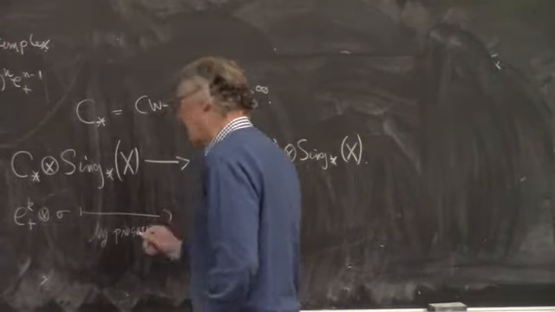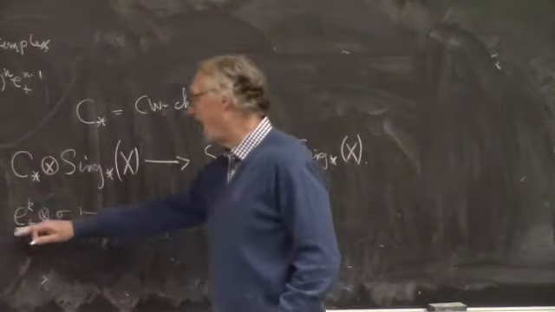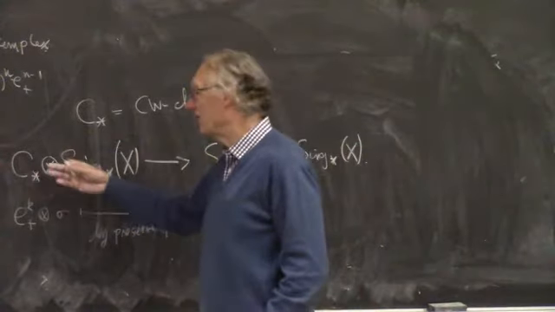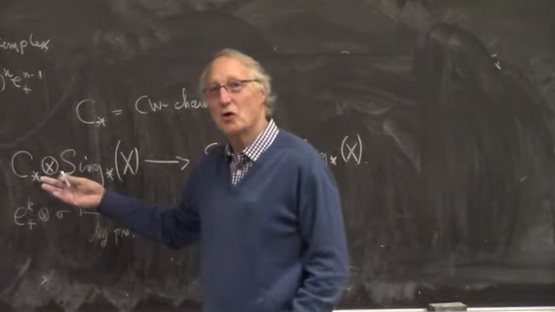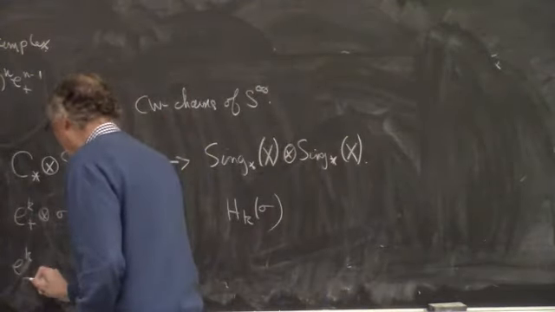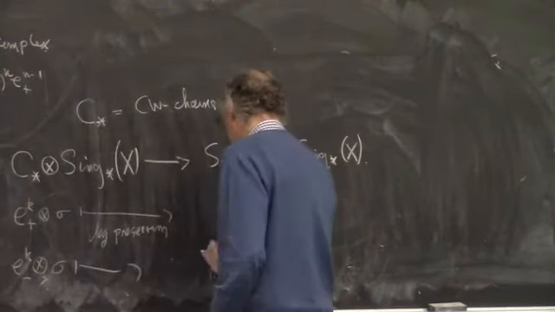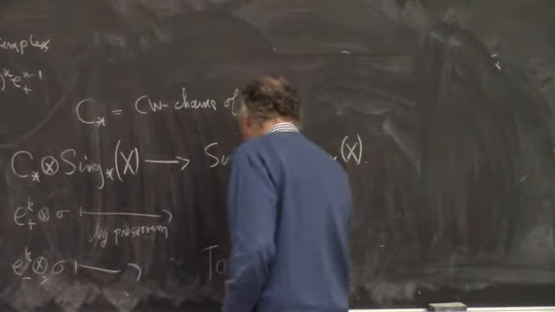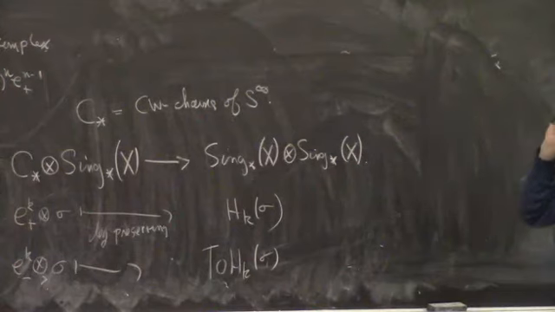Now, that's not a map on the whole chain complex because this is only half of the cells here. On the other hand, I want it to be equivariant under Z2, so that gives me no choice about what to do. e_k^- tensor sigma goes to T applied to H_k(sigma). T is the involution, generating the Z2 structure.